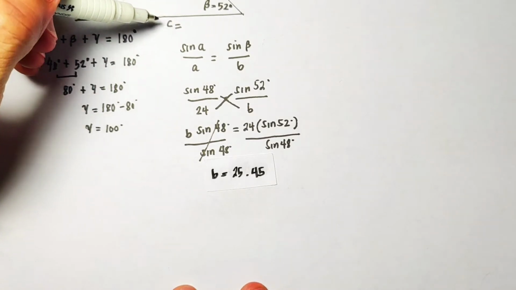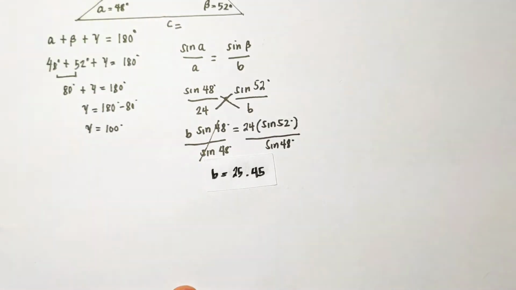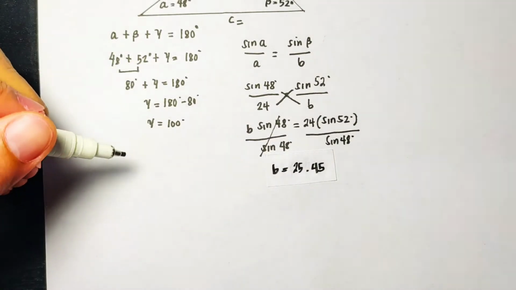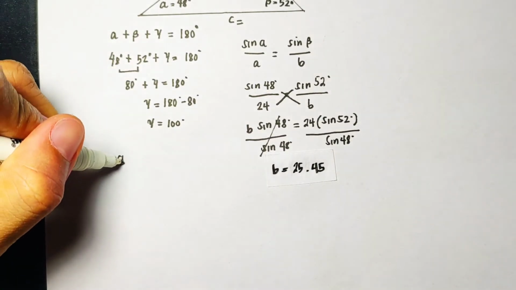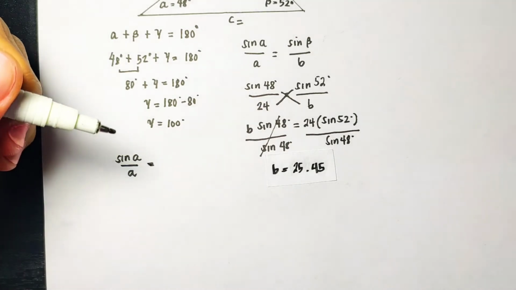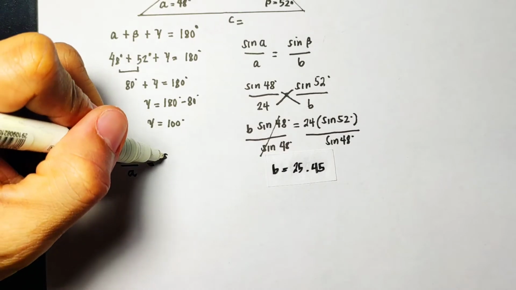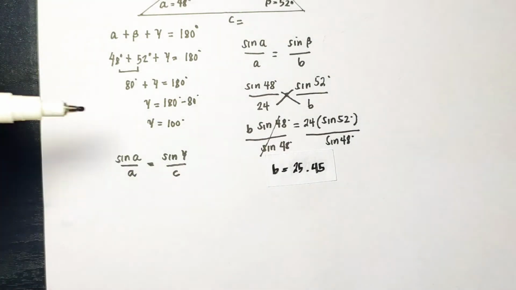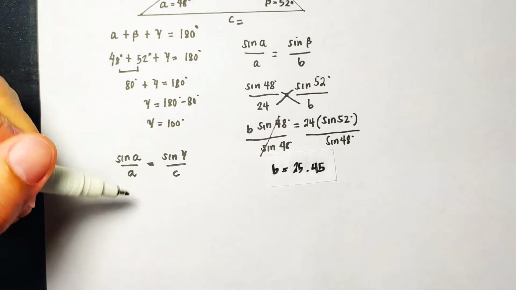Okay, so we already have the value of this angle and this side. So let's solve for the value of side C. To solve for the value of side C, we can use sine alpha over A equals sine gamma over C. So let's substitute.